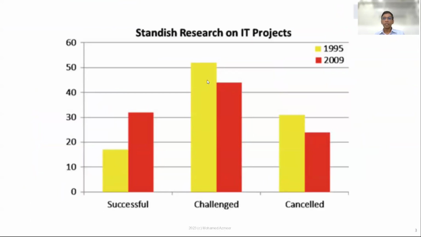Now before I speak about the details, here's a very interesting chart. This is a chart done by the Standish Group. What they've done is they've looked at projects from 1995 to 2009 to see what is going on.